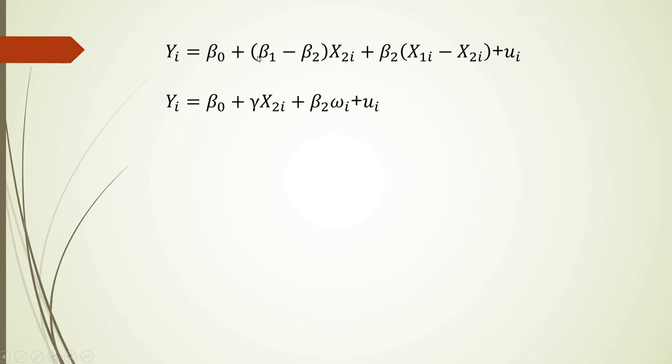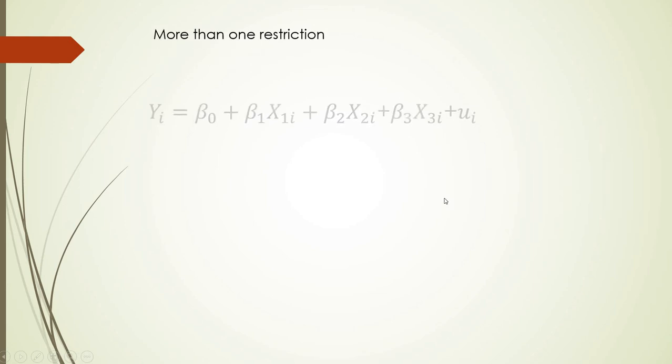So actually gamma is beta 1 minus beta 2, while on the other side, beta 2 times the two variables, x1 minus x2. And now what we have to do is just test if gamma is equal to 0 or not. So instead of this, we will test this, as this is the new coefficient, and if it is equal to 0, beta 1 and beta 2 are actually equal.